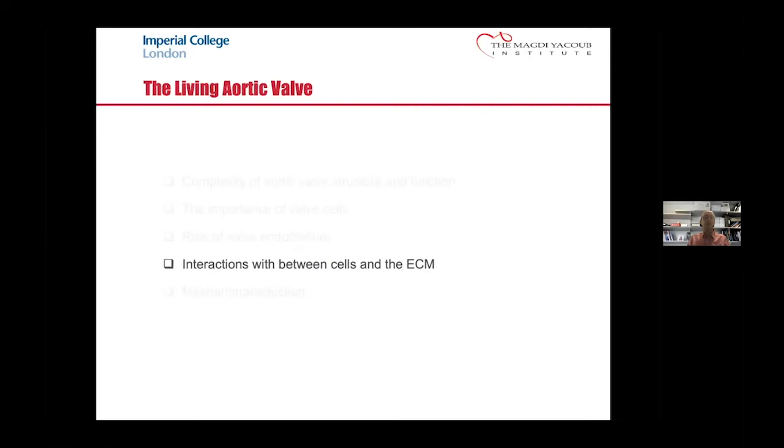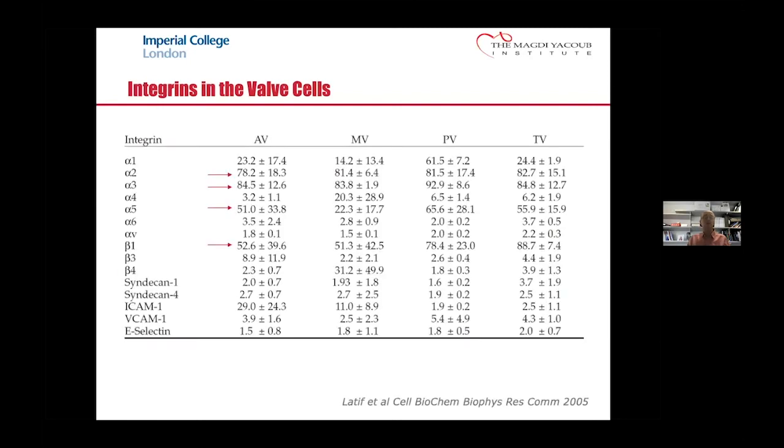And in fact, the extracellular matrix in some way can give instructive signals to the cells to respond in a certain way. And quite some time ago, we looked at the expression of a whole range of different integrin molecules, which are responsible for binding cells to the matrix, and showed there was a whole repertoire of integrin molecules, some underexpressed, the ones with arrows being more highly expressed in the aortic valve, but also the other three valve types.